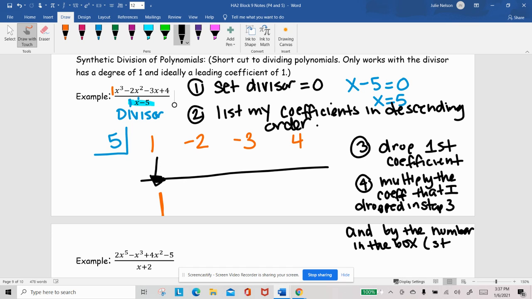That's step 4. The number that I dropped was 1. I'm going to multiply by 5. So 1 times 5 is 5.